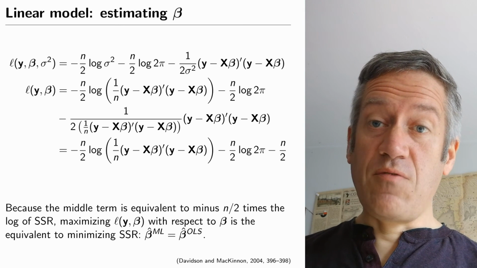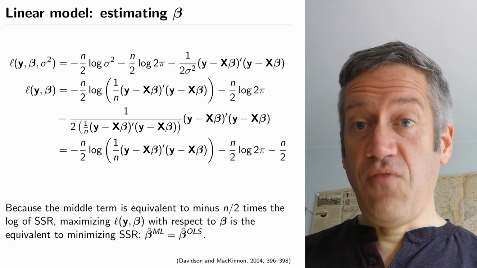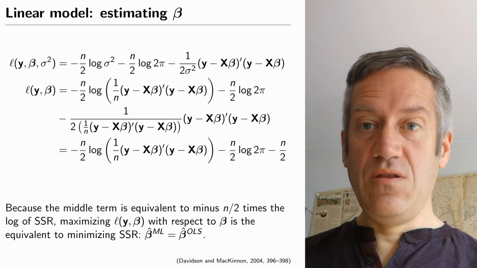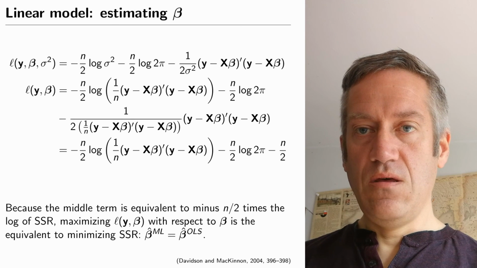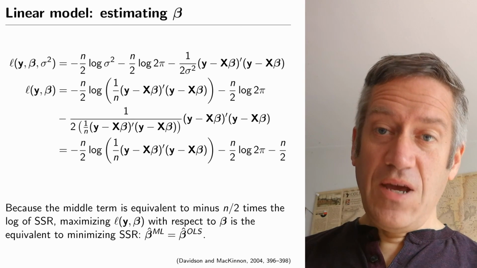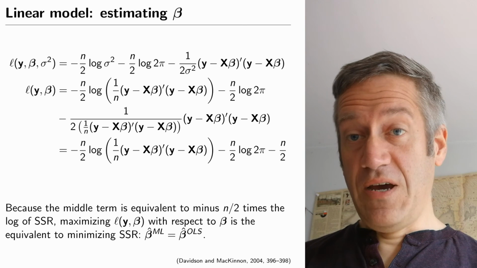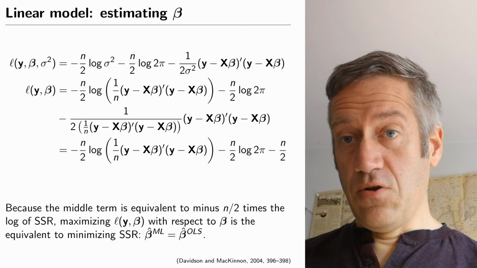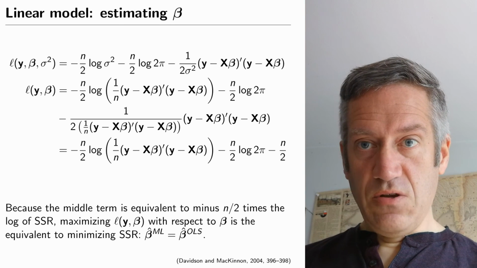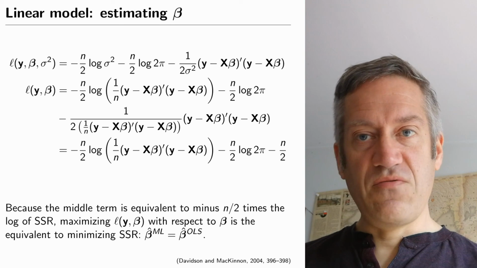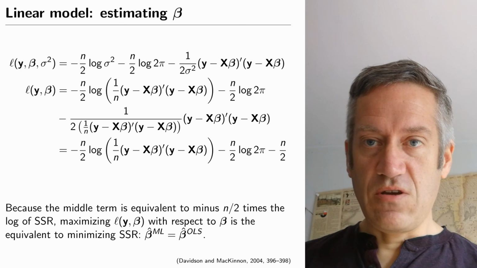And you will also maybe remember that the OLS estimate is defined as that estimate that minimizes E prime E, the sum of squared residuals. In other words, the maximum likelihood estimate for the betas for the linear model are the OLS estimates for beta for the linear model. So we don't have to do the derivation here because we have that on earlier slides.